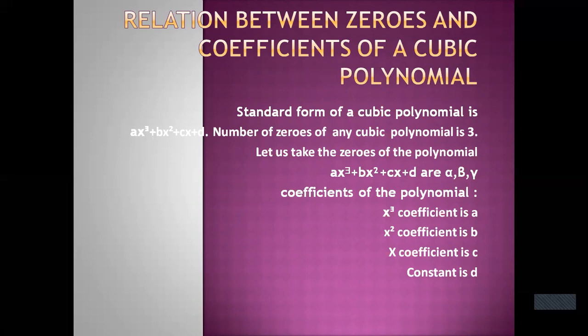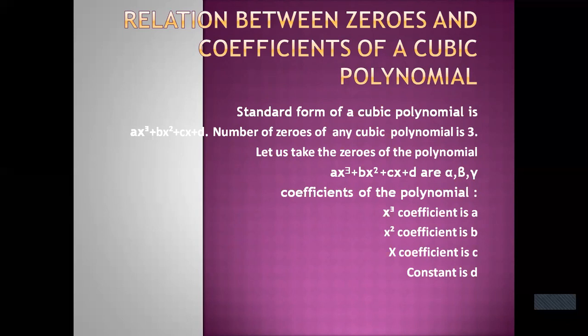Let us take the zeros of the cubic polynomial ax cubed plus bx squared plus cx plus d as alpha, beta and gamma. Already I said that in a cubic polynomial we have 3 zeros, so we'll assume those 3 zeros as alpha, beta and gamma.